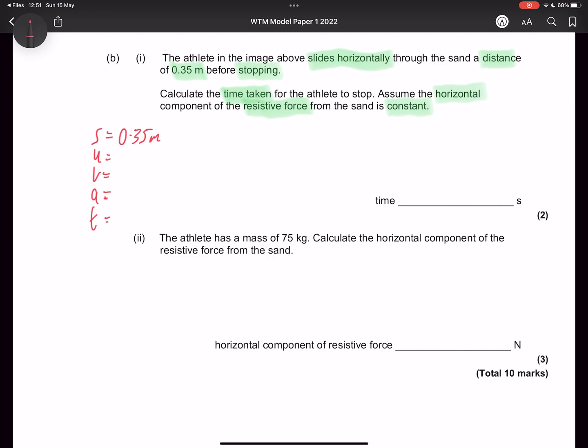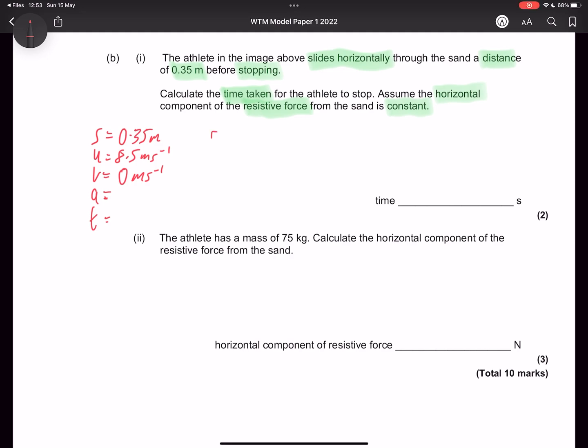However, we've previously been working with zero air resistance and travelling entirely at 8.5 meters per second. So that is our starting horizontal. It's only upon impact with the sand that there is any form of oppositional force. So V is 0, as we said, and A is unknown. It's linked to the force, unsurprisingly, which means we need to work out time using these three values.